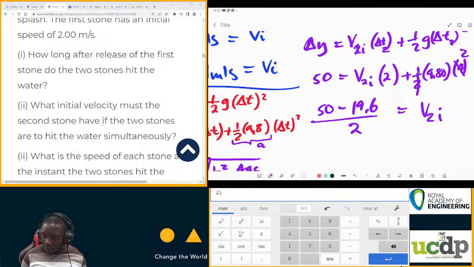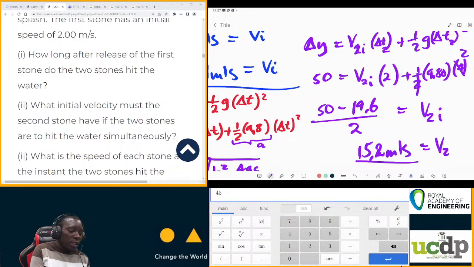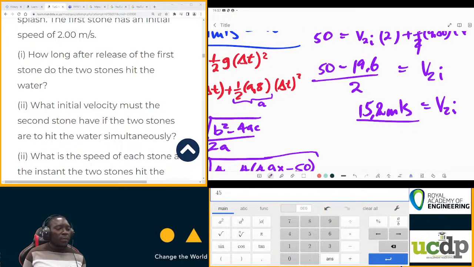So 50 minus 19.6 is 30.4, and 30.4 over 2 is 15.2 meters per second. That is the initial velocity of the second stone.